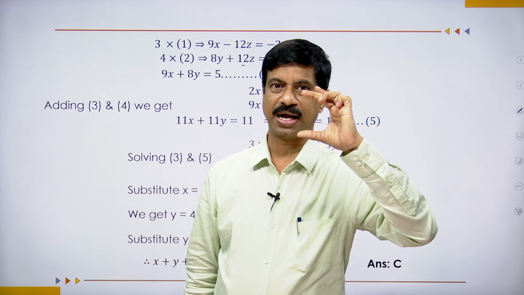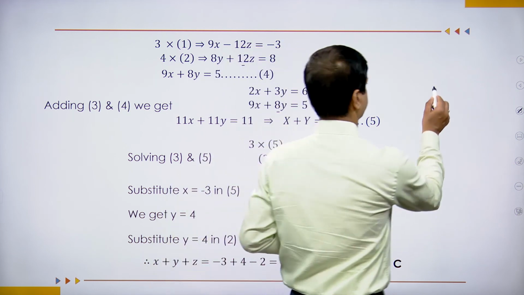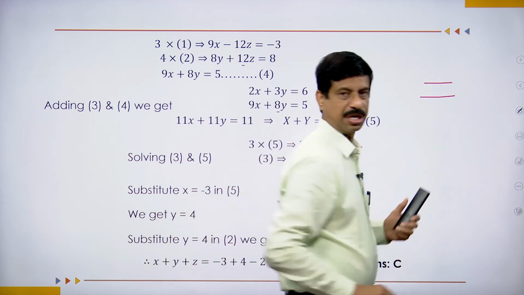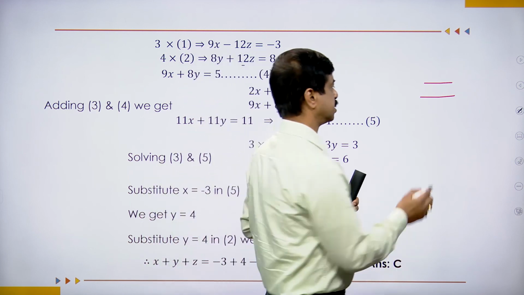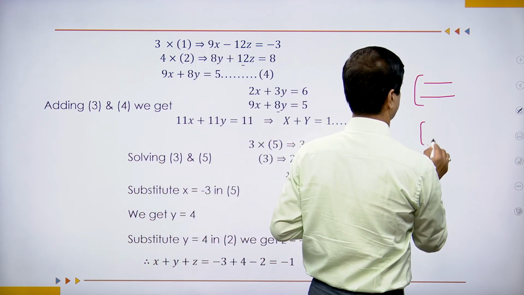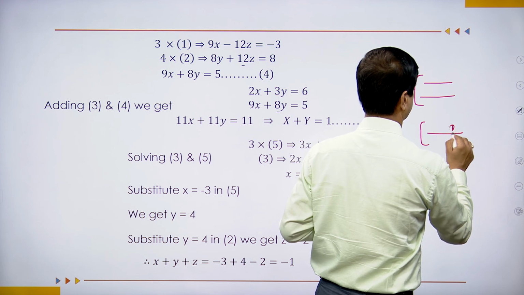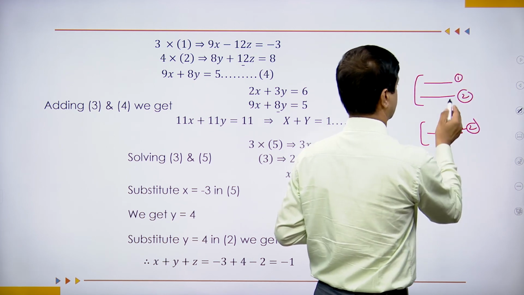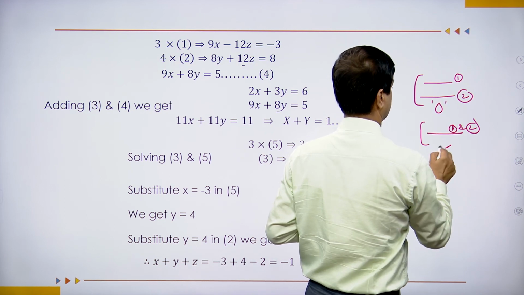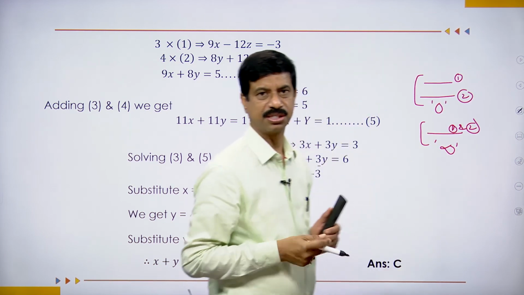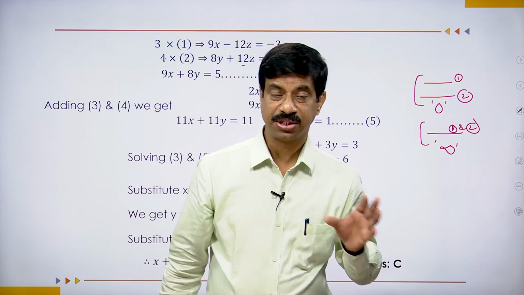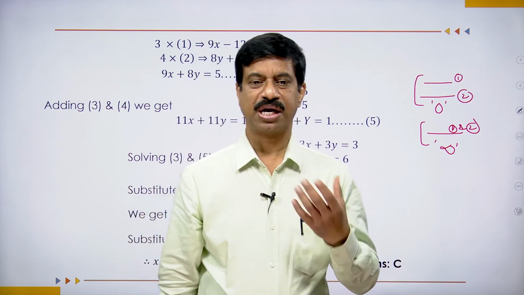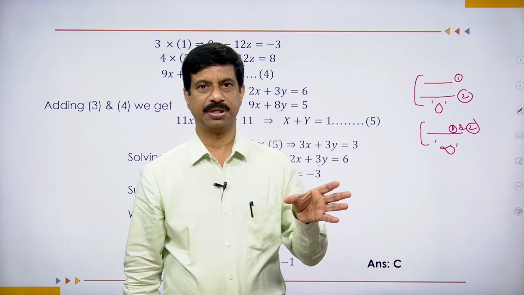If it is 2 parallel lines like this, then there is no solution. If they are coincident lines like this, there are infinite solutions. This is a concept. Like this, you should be able to apply concepts. If you can apply a concept, things become simple.